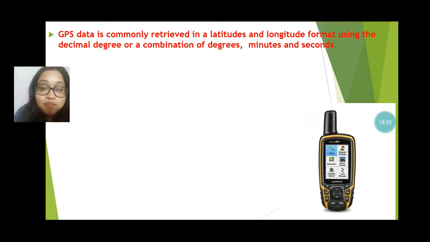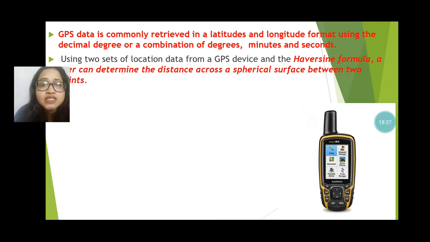Okay, and GPS data is shown by latitude and longitude, using decimal degrees, or by degrees, minutes and seconds. And using these two sets of location data from a GPS device, a formula known as the Haversine formula can determine the distance across a spherical surface between the 2 points.